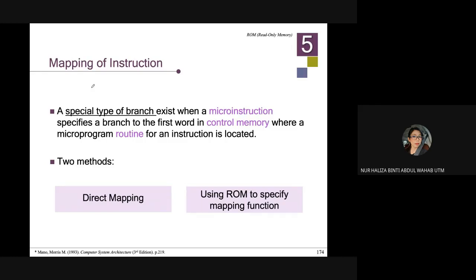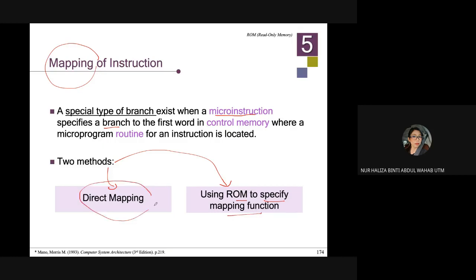Okay, under your mapping of instruction, a special type of branch exists when microinstructions specify a branch to the microprogram routine where an instruction is located. There are two methods basically for your mapping. First is direct mapping. Second is using a ROM to specify the mapping function.